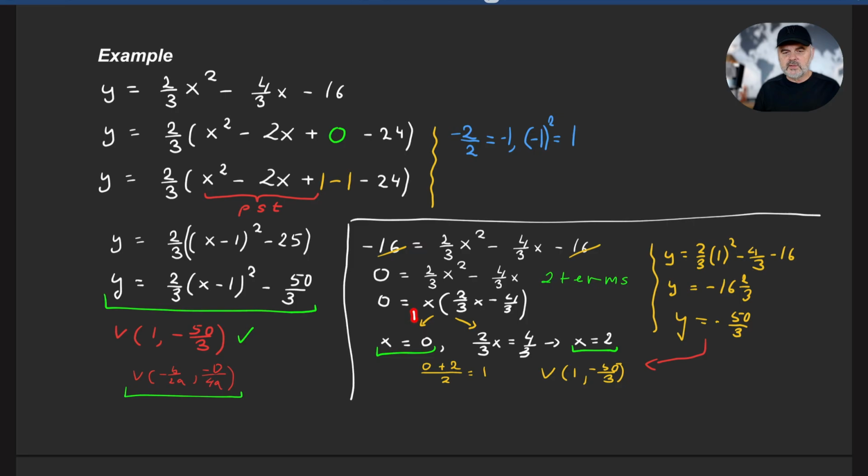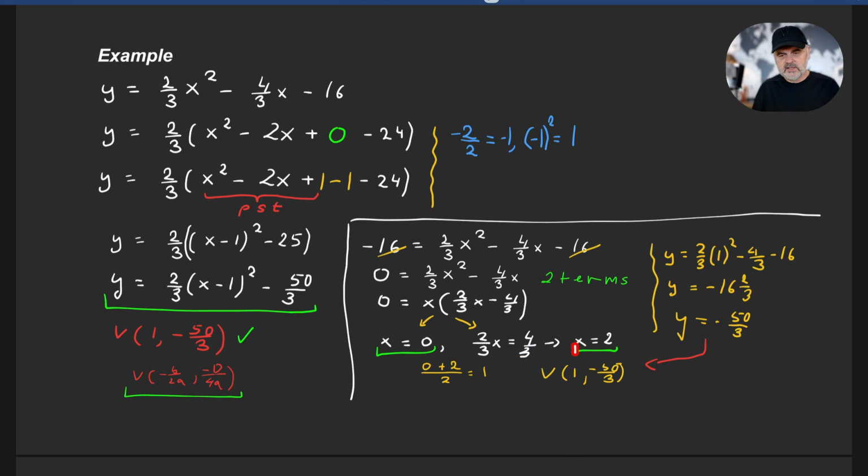So, product is equal to 0 rule. Which means 1 factor is 0 because x is equal to 0, or you're solving for x the second factor, which is 2 over 3x minus 4 over 3. So make it equal to 0, and then divide both sides by 2 over 3, or multiply by 3 over 2.